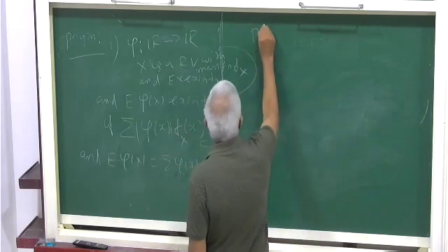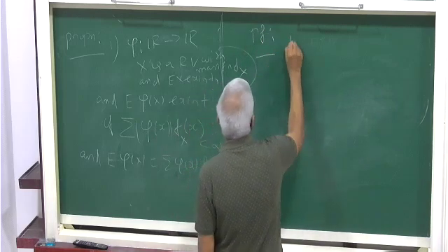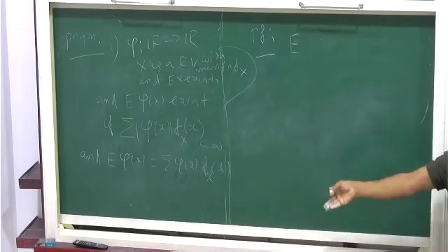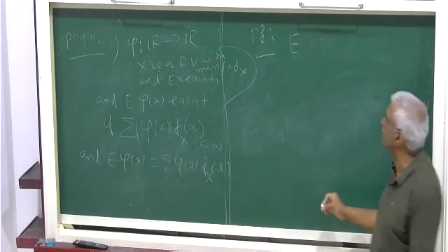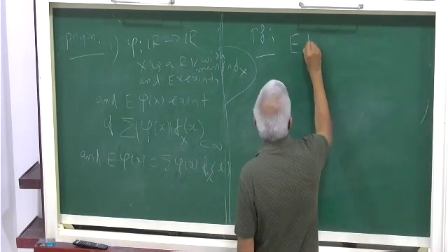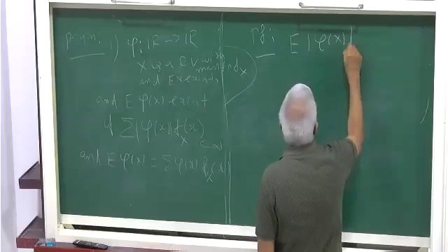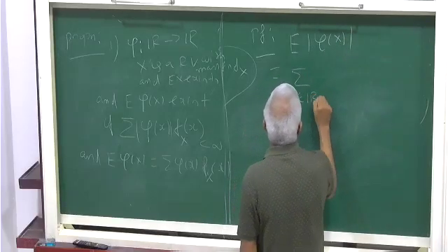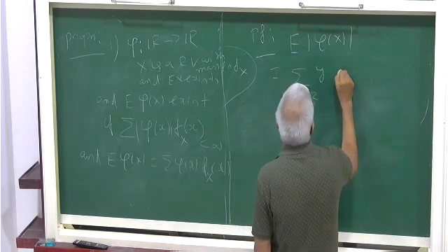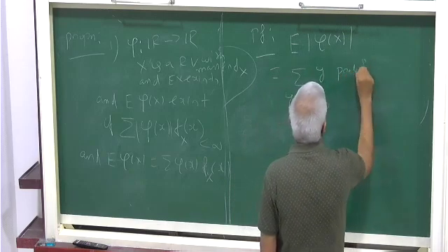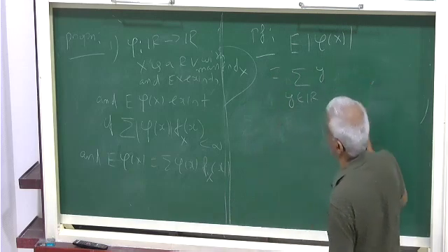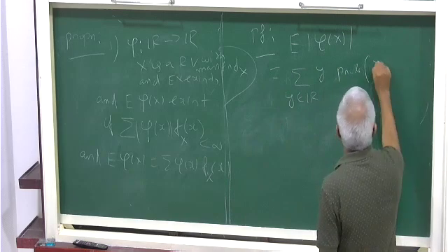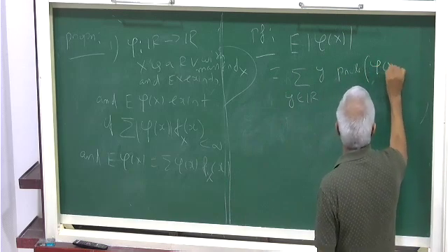So this proof is easy. I used mod first, and the same thing will work for phi also, so I will not do it two times. You want to talk about E of phi of X. By definition, this is equal to the summation over y in R of mod y times the probability of phi of X equal to y.